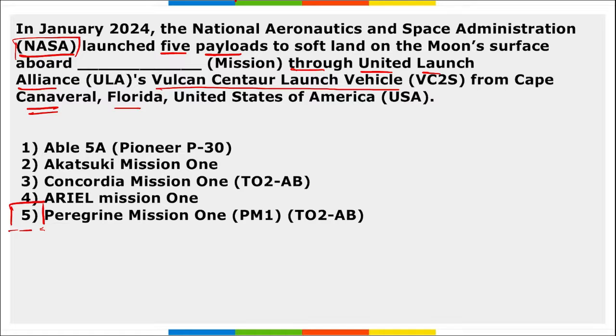That was launched through United Launch Alliance Vulcan Centaur launch vehicle from Cape Canaveral, Florida, USA. And this is the first launch of NASA under the Commercial Lunar Payload Service Initiative. And this PM1 is the first commercial mission of astro-robotic technology to land on another planetary body.